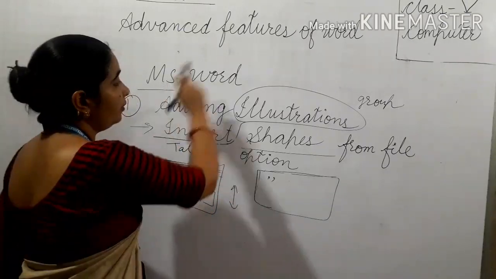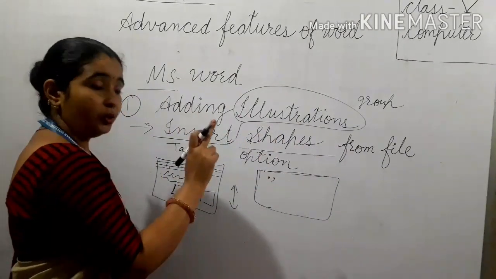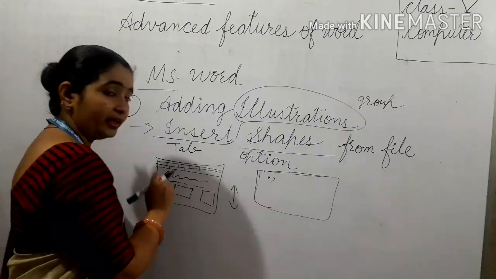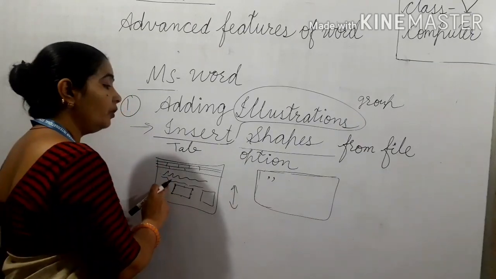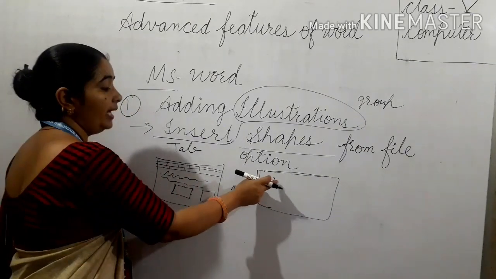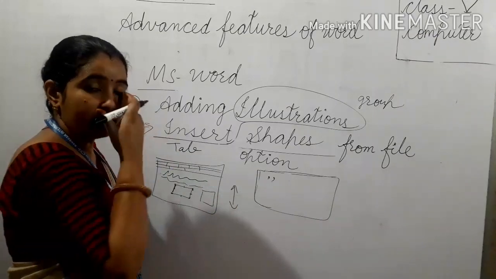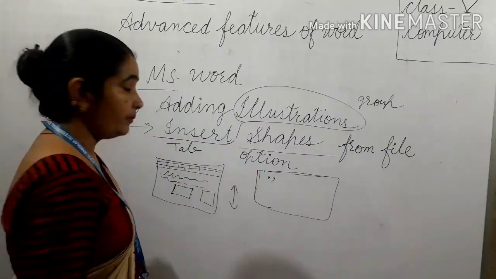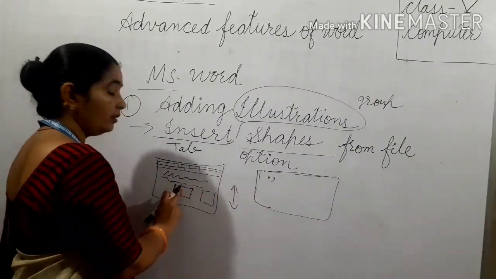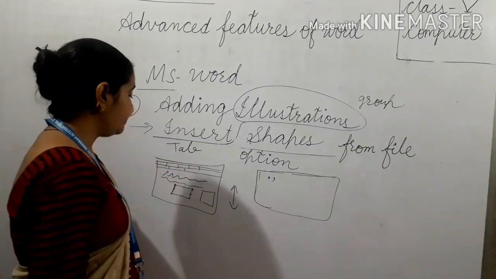First of all, before doing all this process, you have to put your cursor where you want to insert this. While clicking double click or a single click with insert option, you will get it inserted at this place.